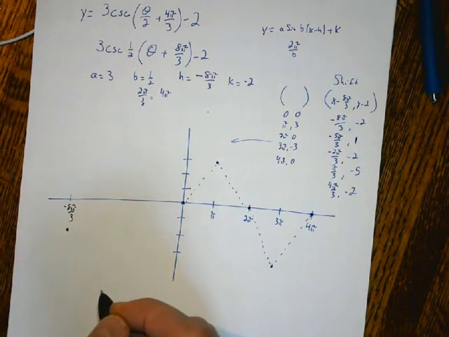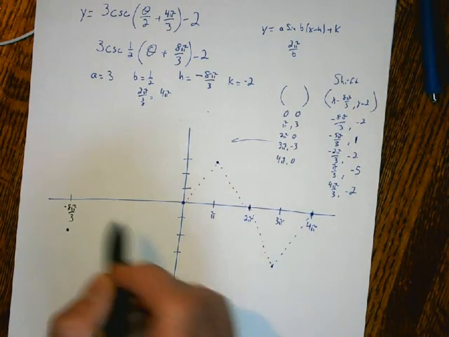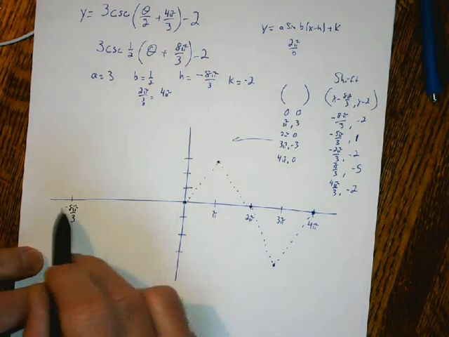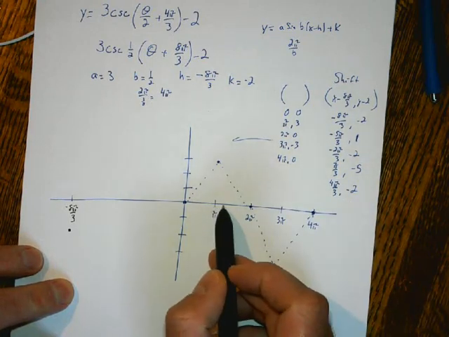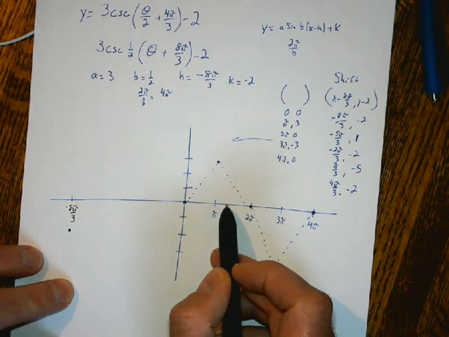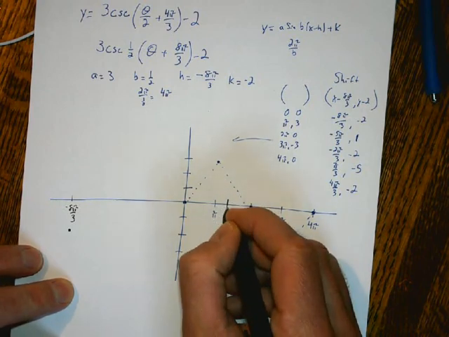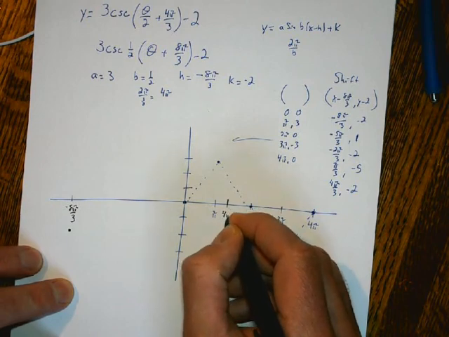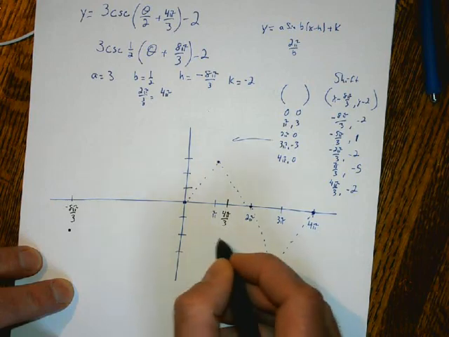The next one is at negative 5 pi over 3. Well, actually, before I get that far, now I know my furthest right is 4 pi over 3. 4 pi over 3 is a little bit more, think of it as a third of the way between here and here. So I'll say it's about here. I'm just doing it this way to try to space it out to get a good idea of what it's going to look like. And then it's going to end back to here.